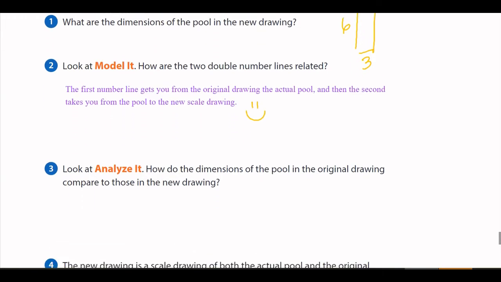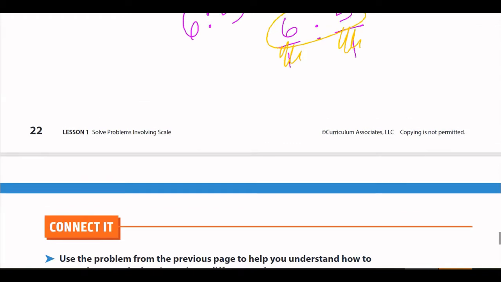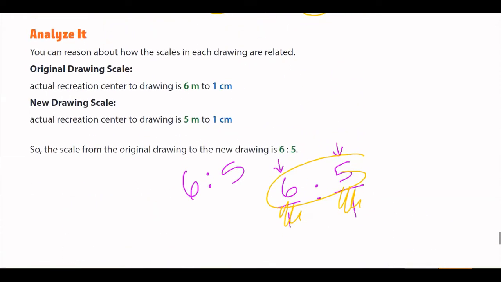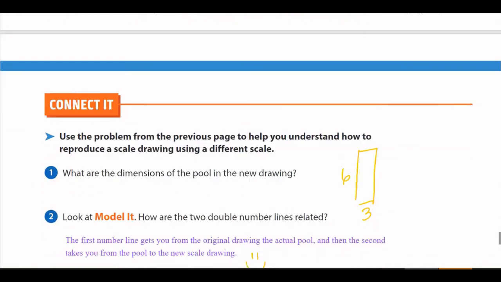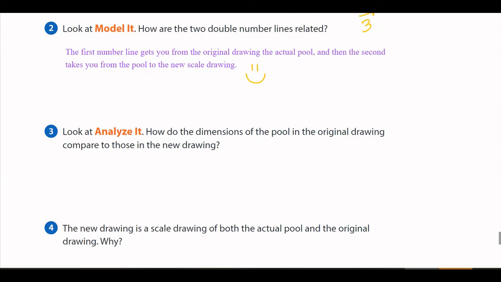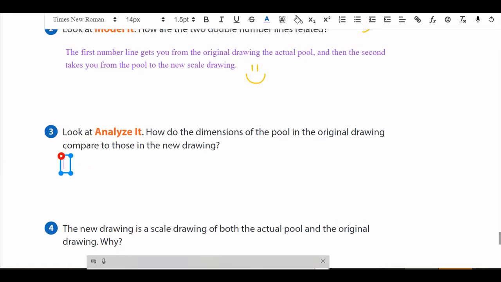Okay. So looking at the analyze it. We're at 6 to 5. How did the dimensions of the pool in the original drawing compare to those in the new drawing? I'll just use my typing tool again.